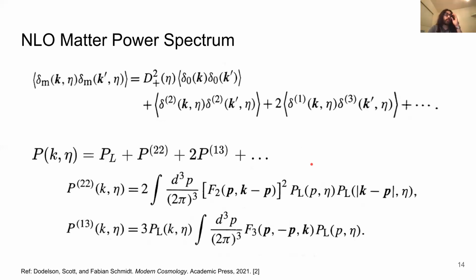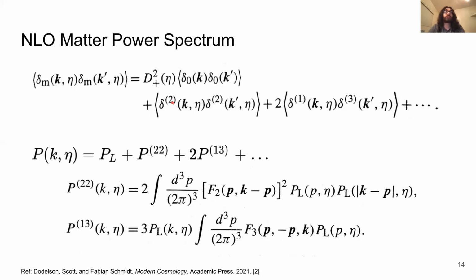So we can apply these nonlinear density perturbations to get a nonlinear matter power spectrum. So we start off by multiplying our deltas together and averaging them. That's just, by definition of the power spectrum. So this first term here is just our linear matter power spectrum. And then we have these two other terms.